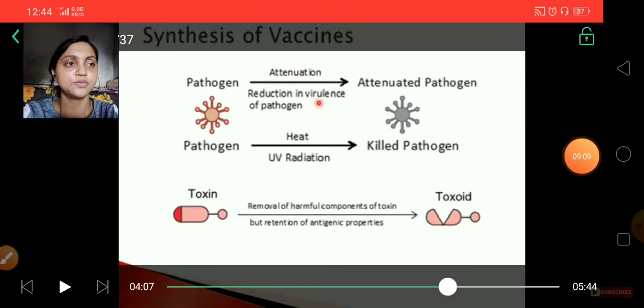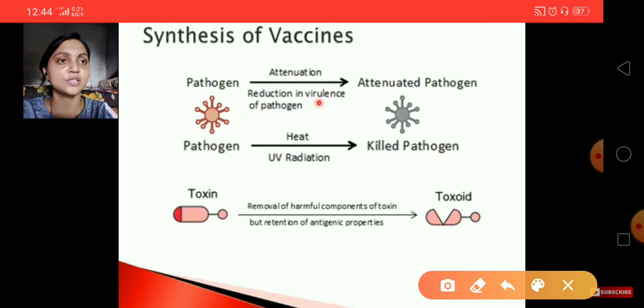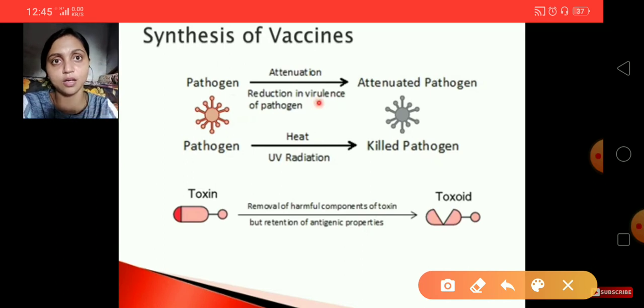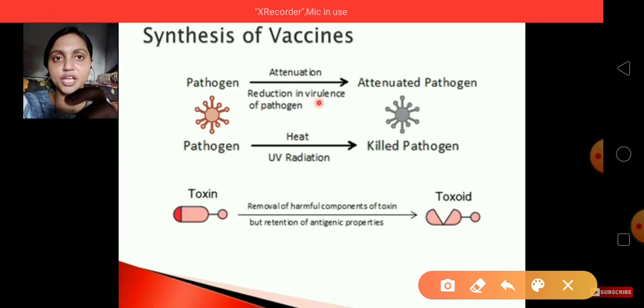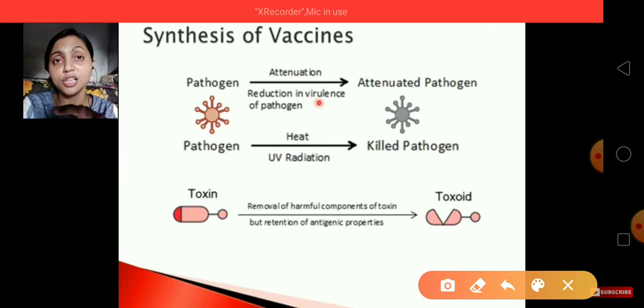Now students, we will be discussing attenuated pathogens and the toxoid. Attenuated pathogen means you have artificially reduced the potential of pathogenicity, that is the disease causing capacity of the pathogen, to some lower extent, so that the pathogen will go inside your body but will not cause the infection or disease to an extreme level. So you have reduced the virulence.